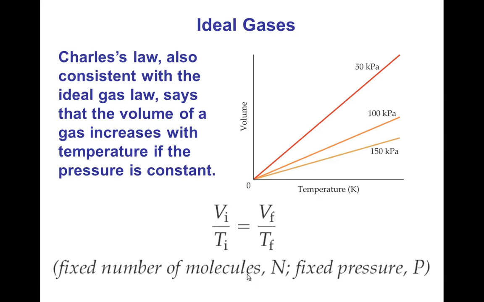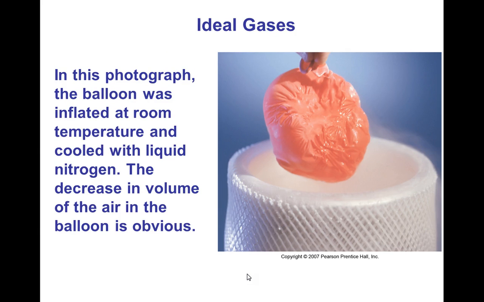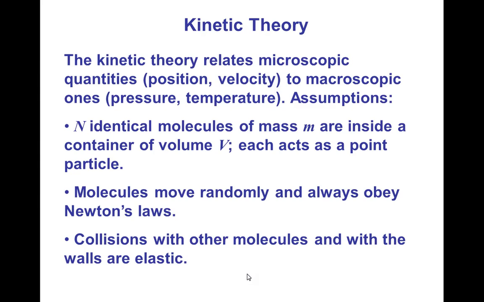Similarly, we could look at the relationship between volume and temperature. If we increase the temperature, we're going to increase the volume. If we decrease the temperature, we're going to decrease the volume. We call this one Charles' law. This will bring us up to the kinetic theory of gases. Big stuff. Hang tough for a little bit. We'll talk about it shortly.